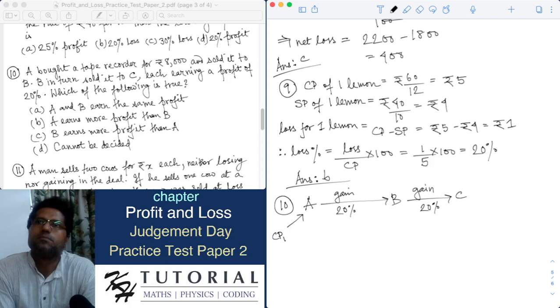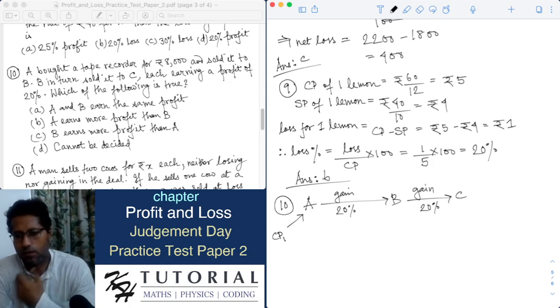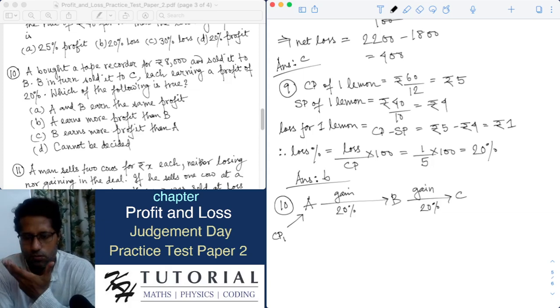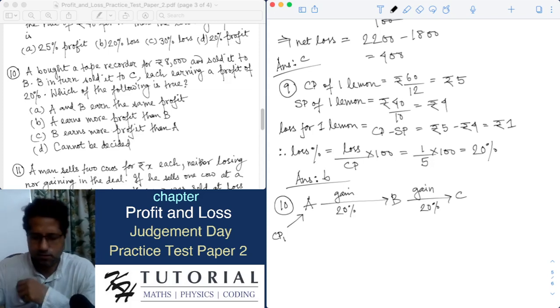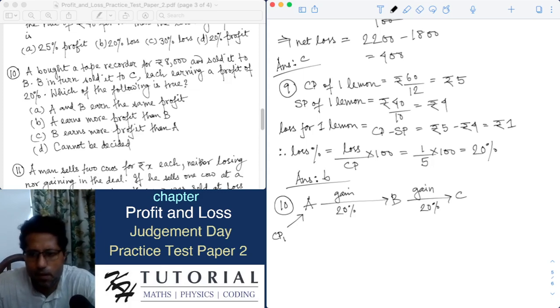So A is selling the tape recorder to B at a price which should be greater than 8,000. So for B, CP2 is the cost price for B, that is the price at which B is purchasing from A, which will be equal to the selling price of A.